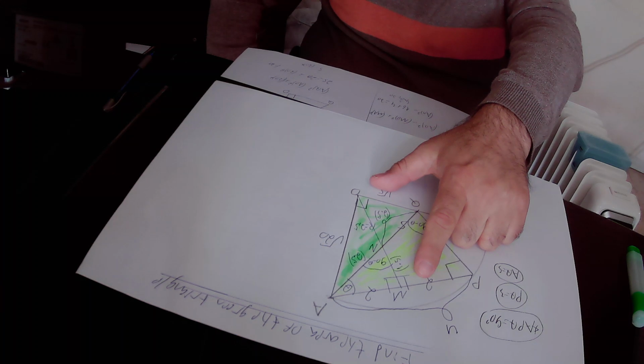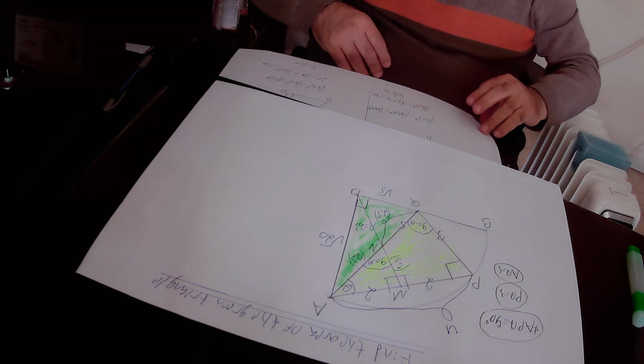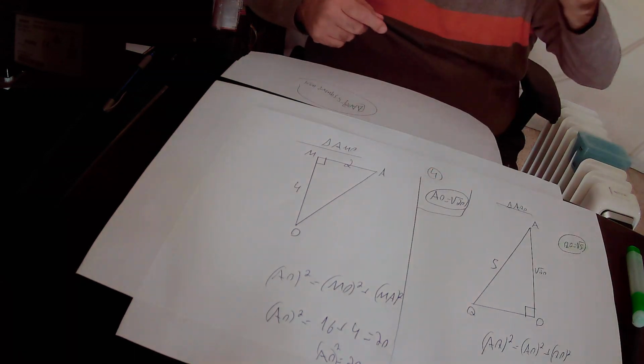Side MO equals MN plus NO. MN equals 1.5 and NO equals 2.5. Therefore, in total, MO equals 1.5 plus 2.5, that is 4. MO equals 4.